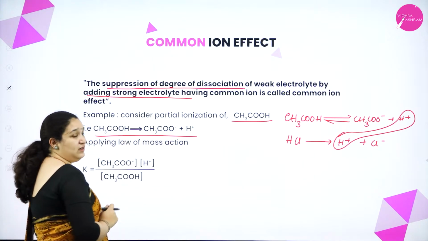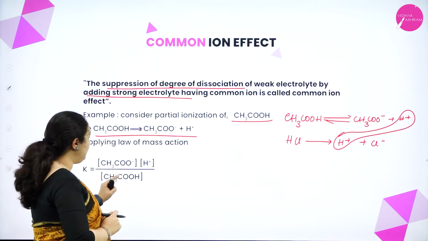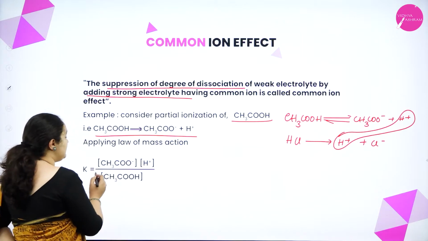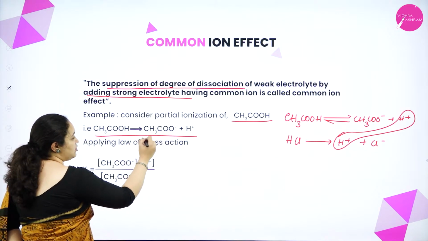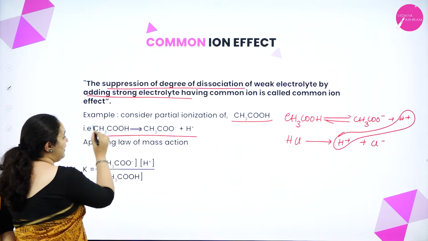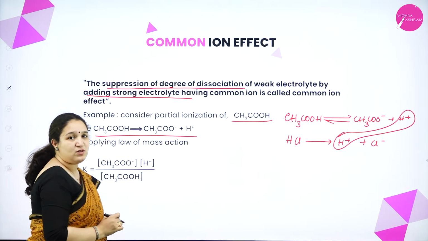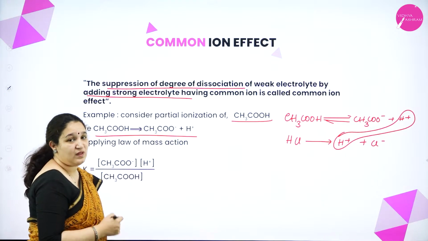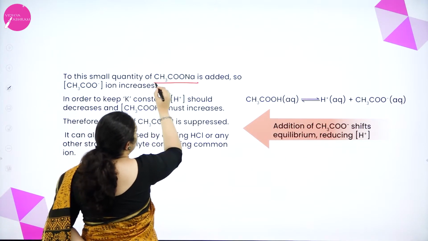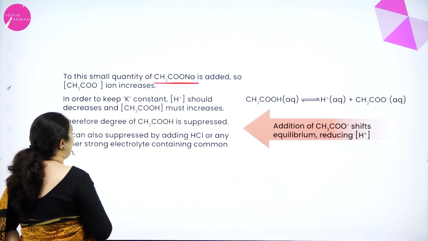Now, once the system is at equilibrium, we'll apply the law of mass action. So, I'll get K equal to molar concentration of acetate ion into molar concentration of H plus ion divided by molar concentration of acetic acid. Now, for this one, a small quantity of CH3COONa is added.